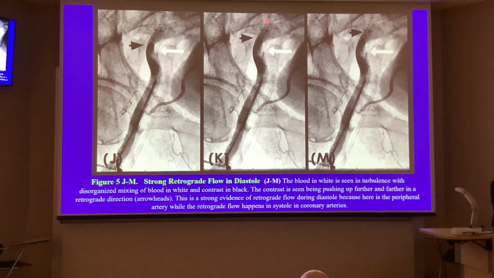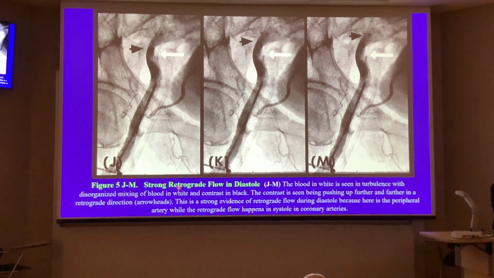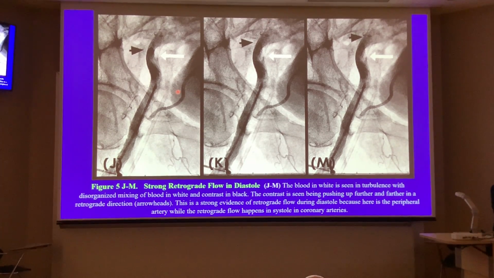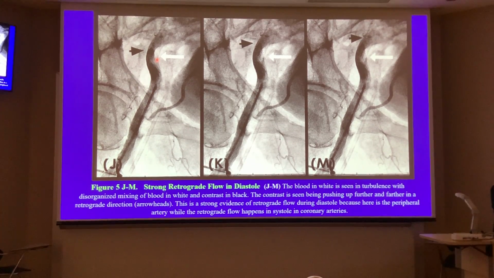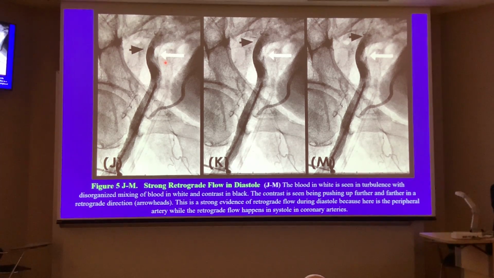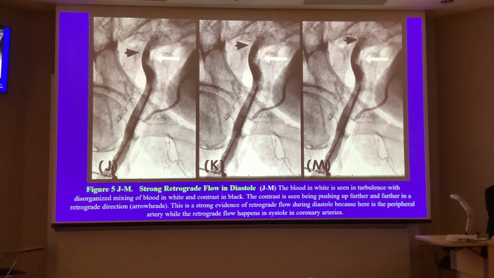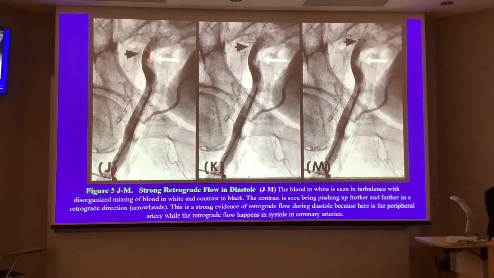Figures 5J and 5M are about the strong retrograde flow in diastole. The blood in white color in turbulence here is still very disorganized, and the contrast is bursting up further. See here, clear.